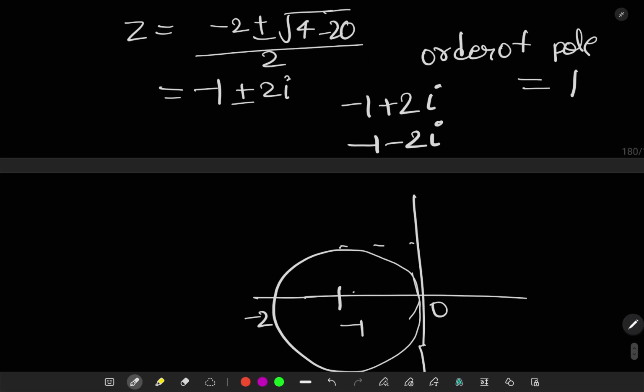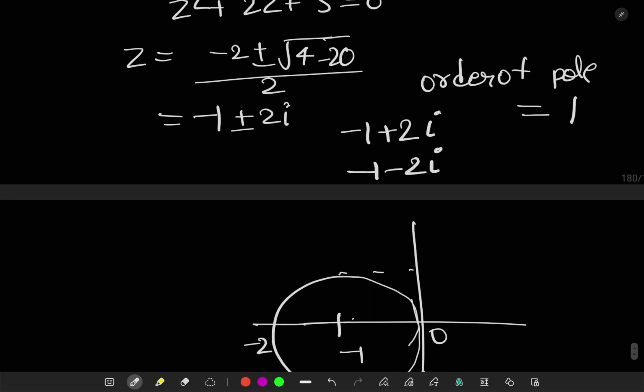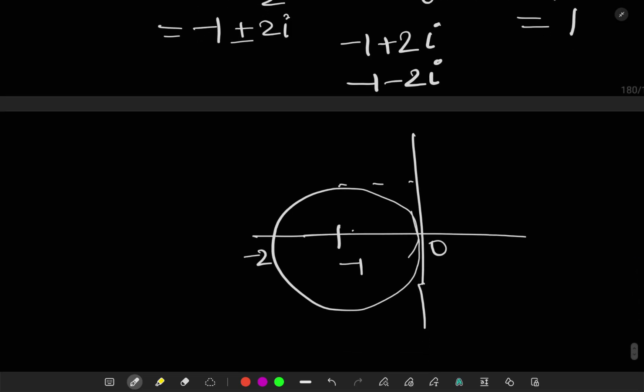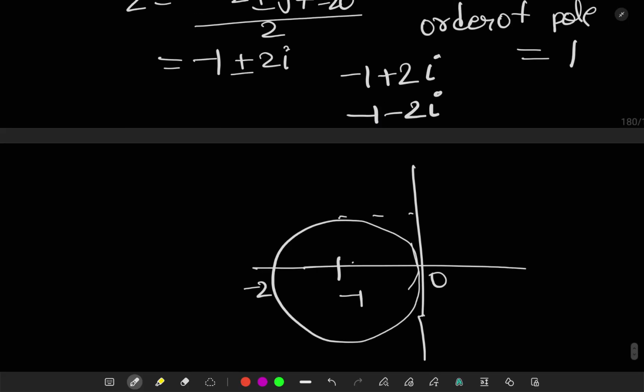Now, as you see here, plotting this point -1 and +2 on the y-axis, this point is outside the circle.